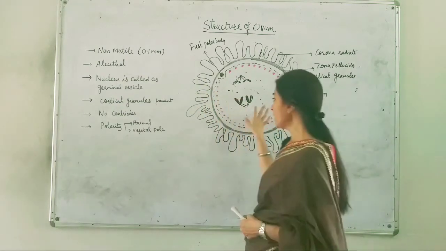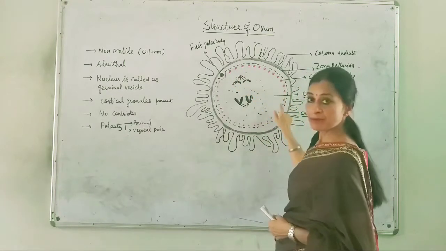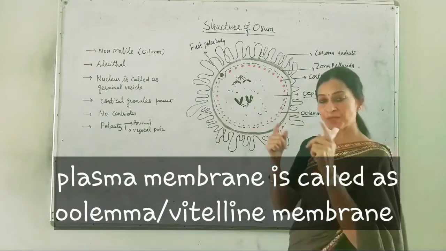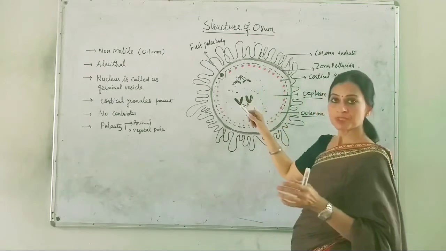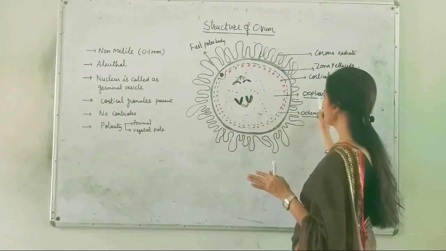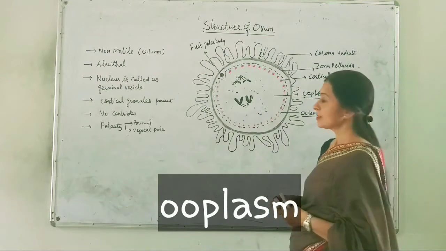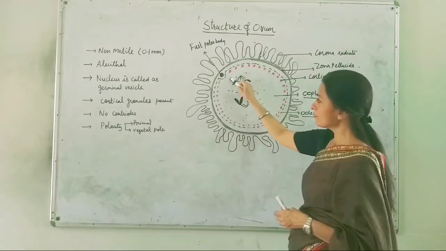Okay. It has a plasma membrane which is called the oolemma. Its covering plasma membrane is known as oolemma, and its cytoplasm, it is rich in cytoplasm, and this cytoplasm is known as ooplasm. And this is the nucleus I have represented here.